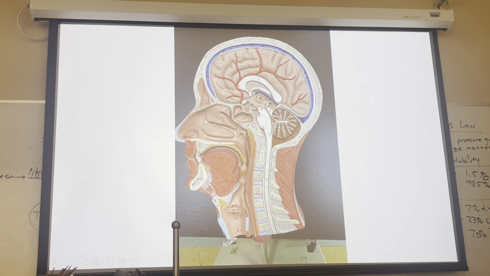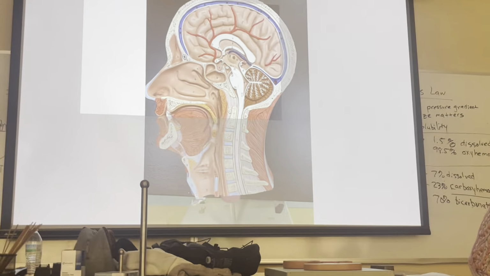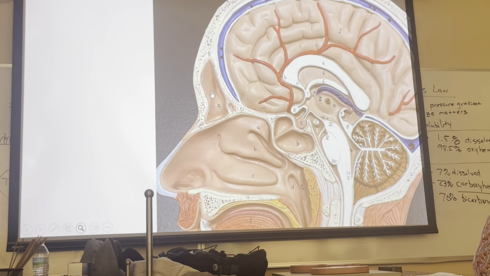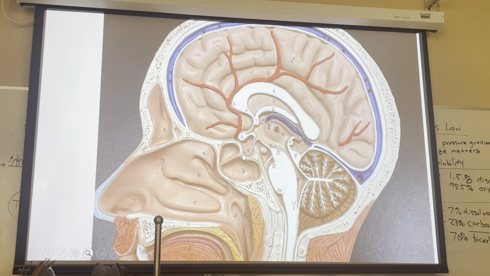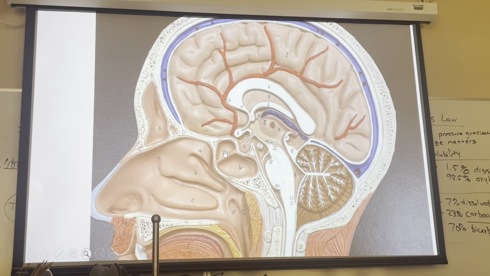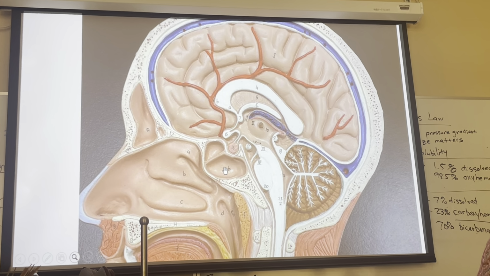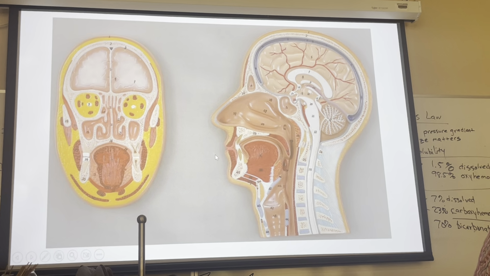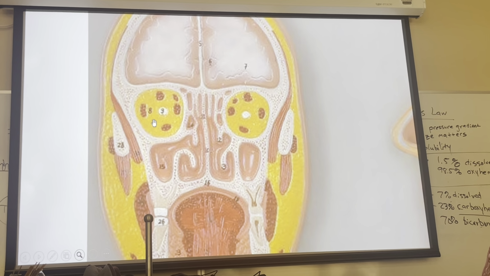So this model here shows you, first of all, the frontal sinus. See the frontal sinus right here in the frontal bone? This opening here is the sphenoidal sinus in the sphenoid bone. You have to see the remaining sinuses here on the coronal cut.